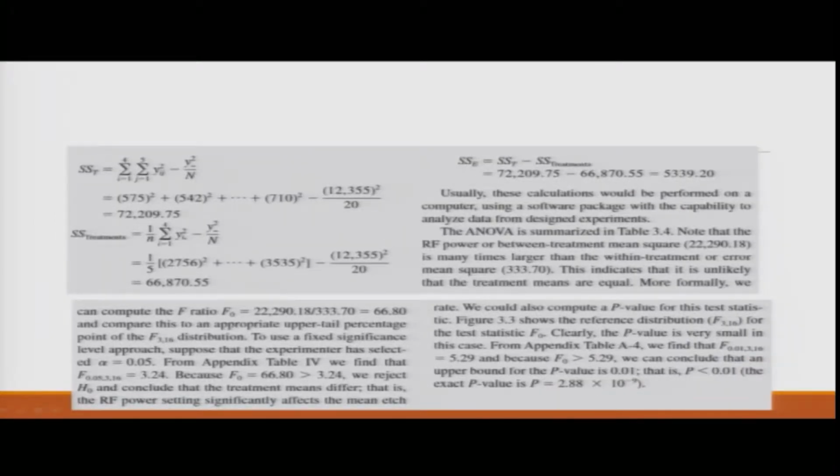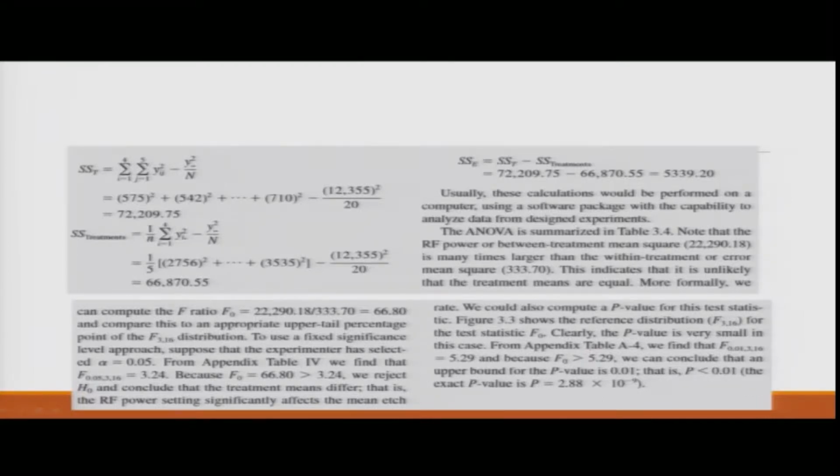From this, if you find the sum of squares of total, the value comes out to be 72,209.75, and the sum of squares of the treatment comes out to be 66,870.55. We can compute the F value, which comes out to be 66.80, by finding the ratio, and compare this to the appropriate upper tail percentile, which is F 3 comma 16 depending on the degrees of freedom.